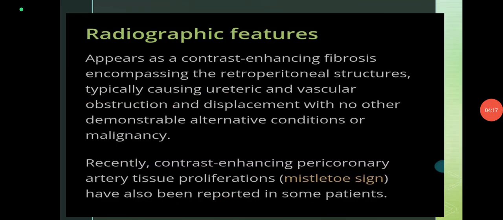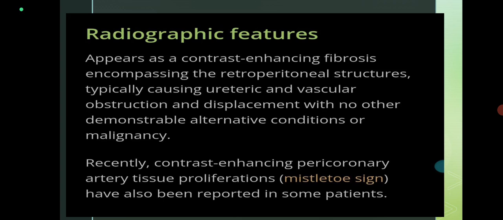In our radiological features, it appears as a contrast-enhancing fibrosis encasing the retroperitoneal structures. It can cause ureteric and vascular obstruction and displacement with no other demonstrable alternative condition or malignancy.